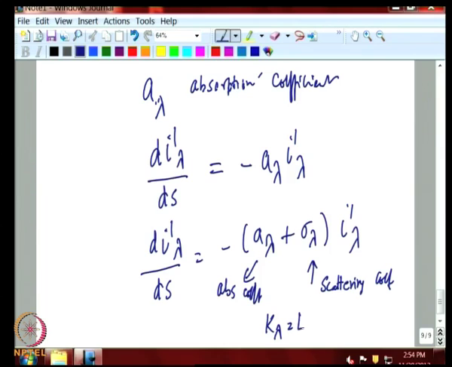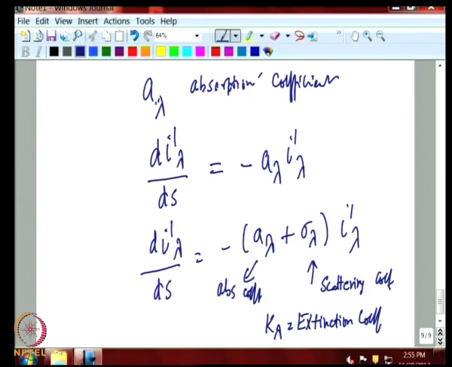The extinction is a sum of absorption and scattering. So, a photon can disappear from a given direction either because it is absorbed and is gone, or it has been scattered and hence does not appear along the given direction. So, extinction can be either due to absorption or due to scattering.